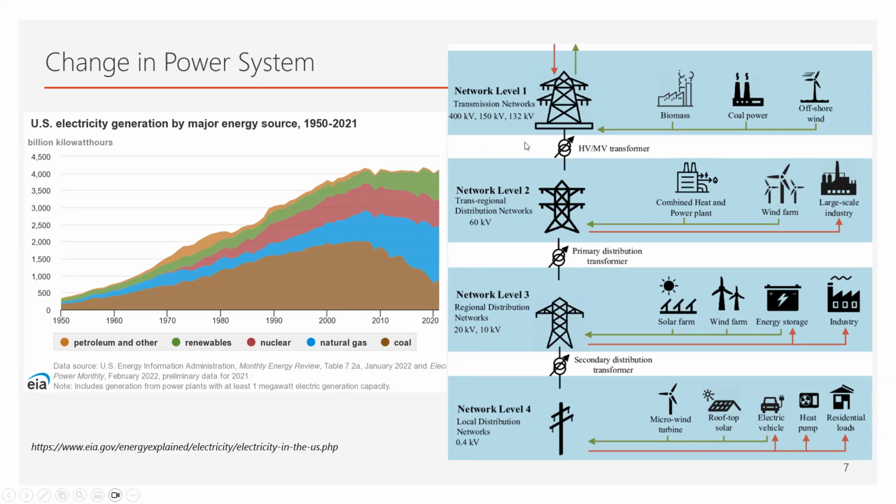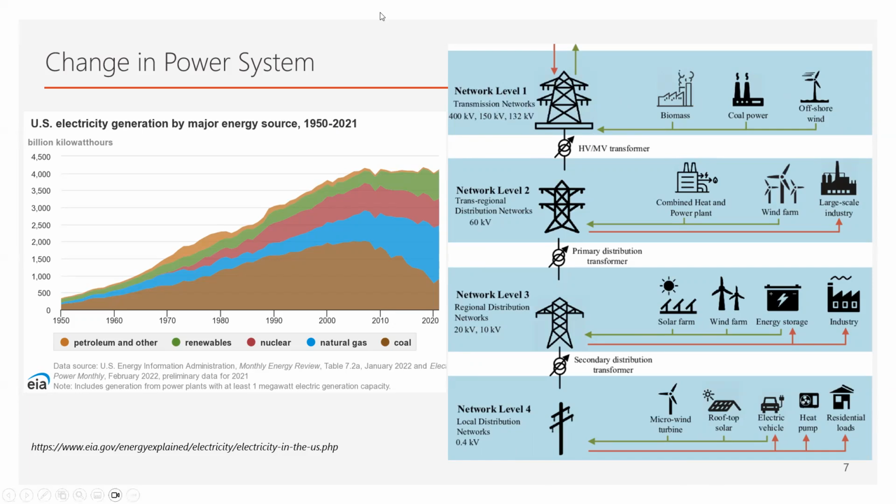So if we look at network levels 1, 2, 3, and 4, what are these? Network level 1 is when the voltage level is 400 kilovolts. I have mentioned that the voltage in the transmission network is quite high compared to the distribution or generation section.